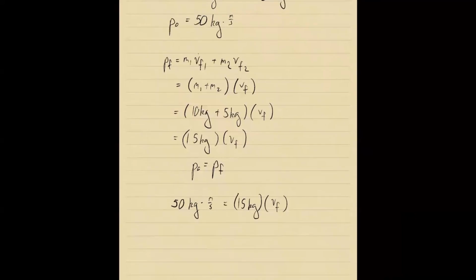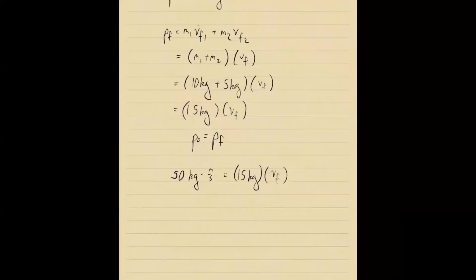If I divide both sides by 15 kilograms, we get a final velocity for both balls of 3.3 meters per second. And that's our whole problem. See, this one was much easier.